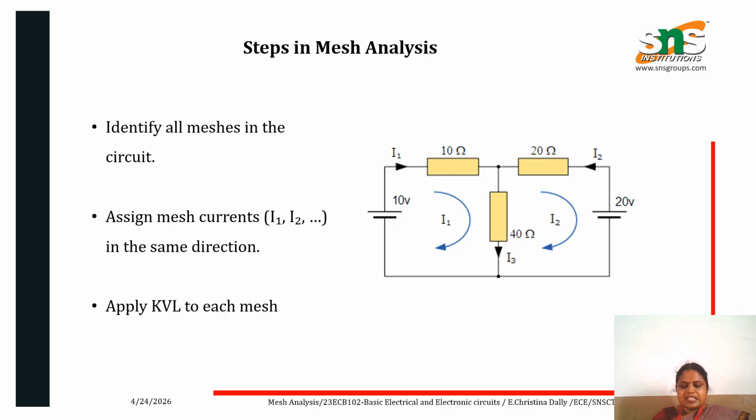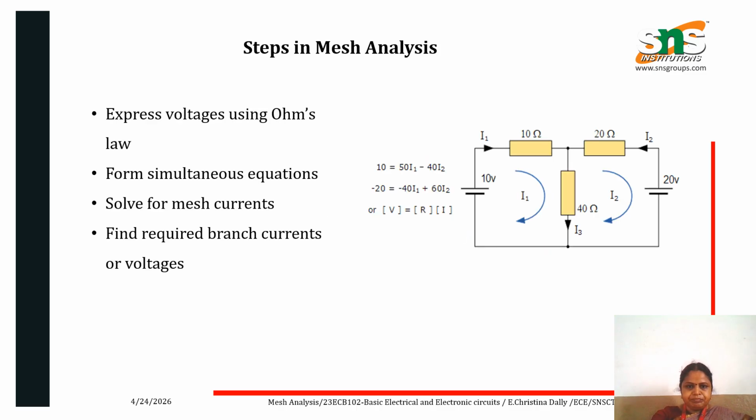These are the steps we follow in mesh analysis. Next, we know Ohm's law, that is V is equal to IR. So we form the simultaneous equations, solve for the mesh currents, and find the required branch currents or voltages.